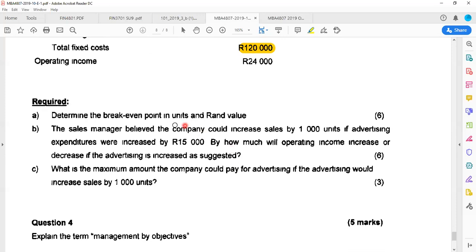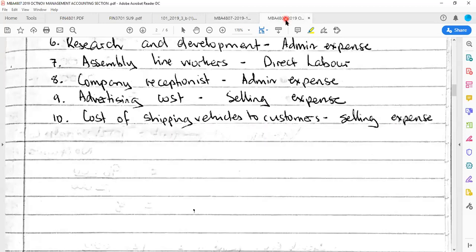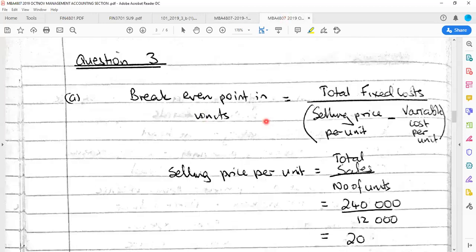For 6 marks, you are asked to determine the break-even point in units and rand value. The break-even point in units is given by total fixed costs over selling price per unit minus variable cost per unit. The selling price per unit is given by total sales over number of units.